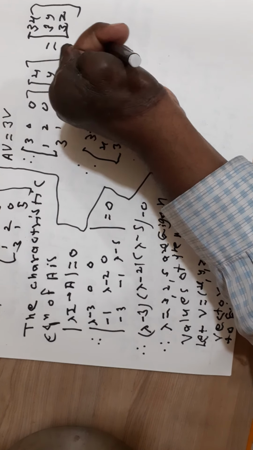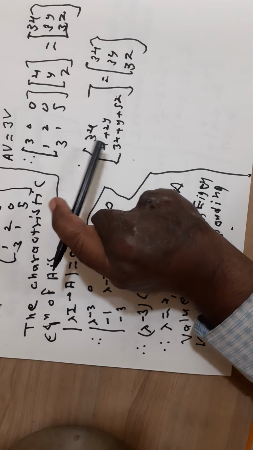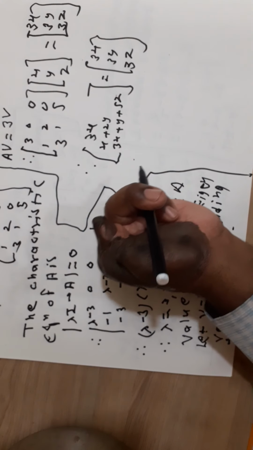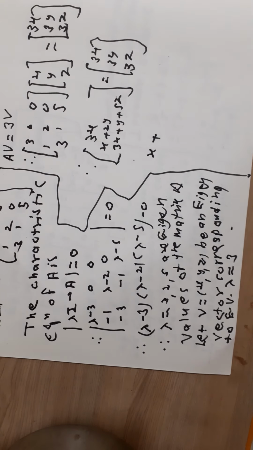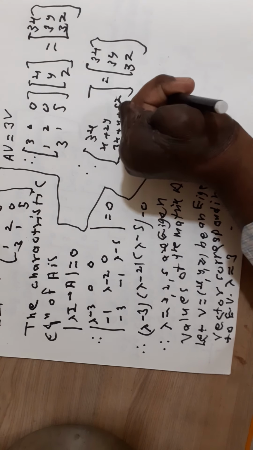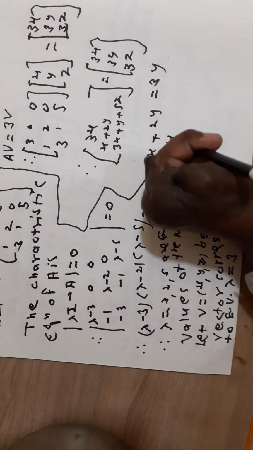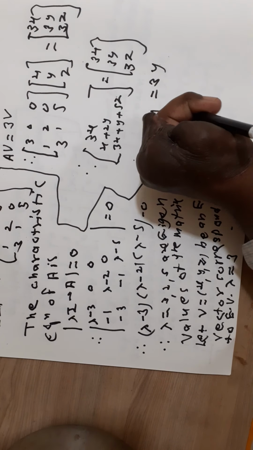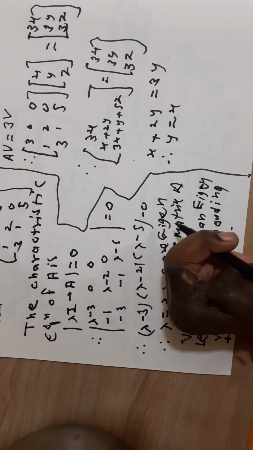Therefore we get 3x equal to 3x, which is in agreement. Now x plus 2y is equal to 3y, therefore y is equal to x.